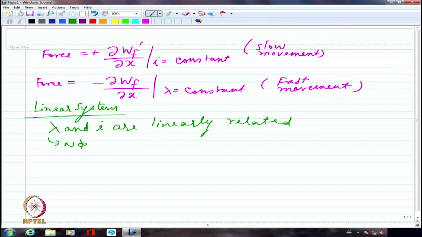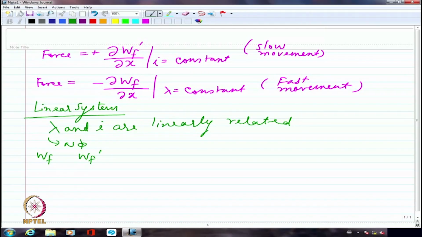So when they are linearly related, we said already that Wf and Wf dash are one and the same, right? Because we said that essentially the total area will correspond to lambda times I, which will be the rectangle, and then you are going to have the diagonal exactly intersecting the area into two halves, exact two halves, because of which Wf and Wf dash will turn out to be one and the same in terms of the magnitude.